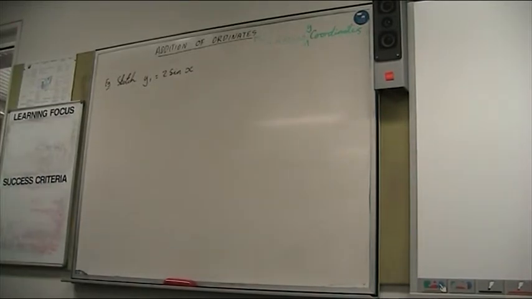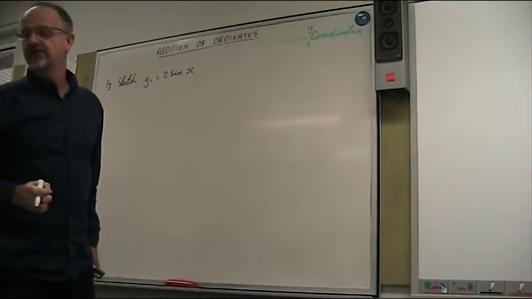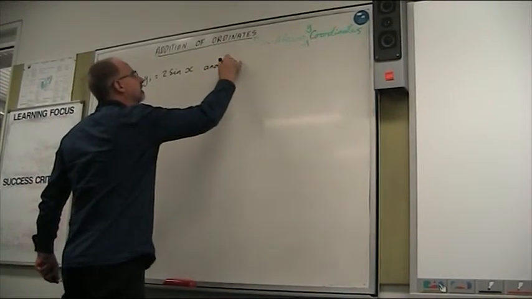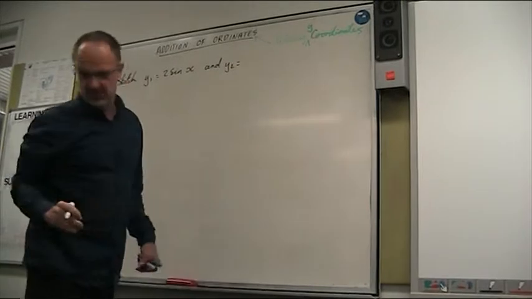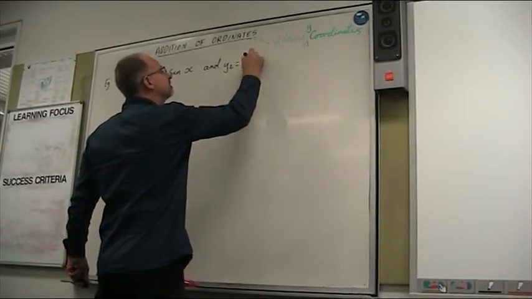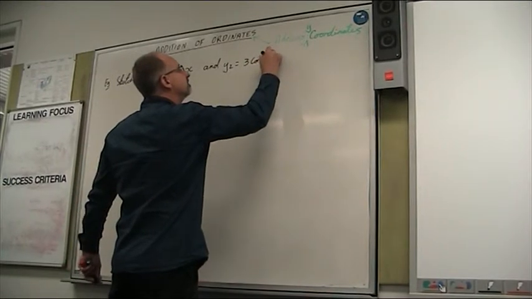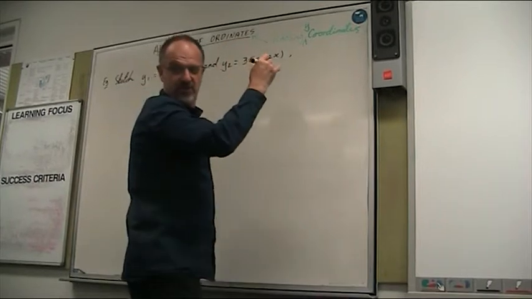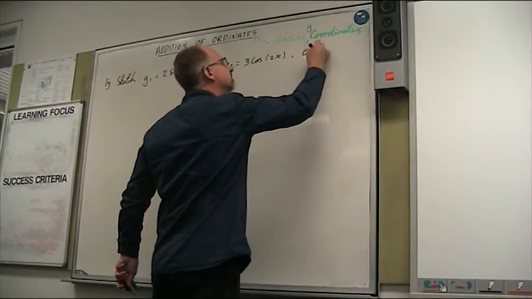Alright, so we might have y1 equals, say, 2 sin x. And y2 might be 3 cos 2x. And we're going to do that between 0 and 2 pi.